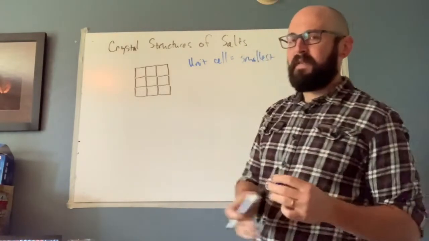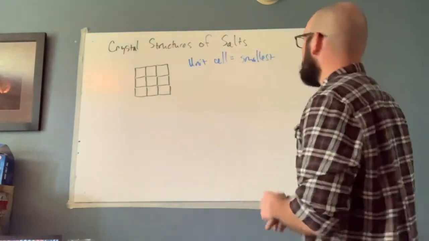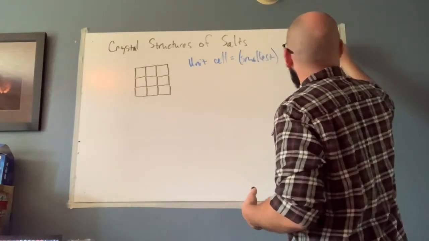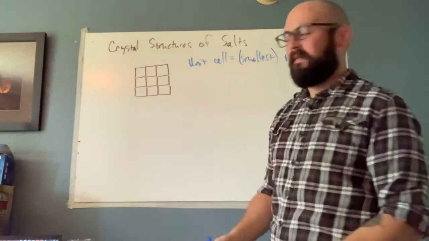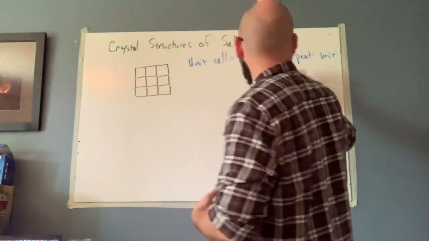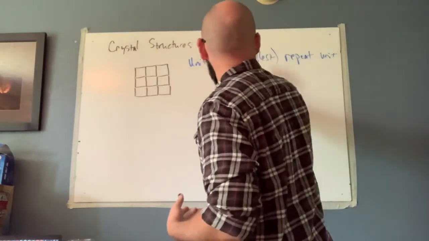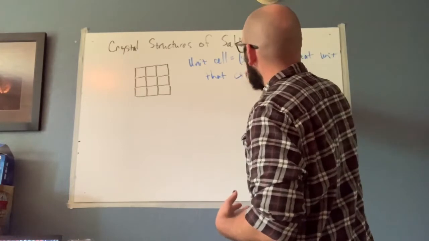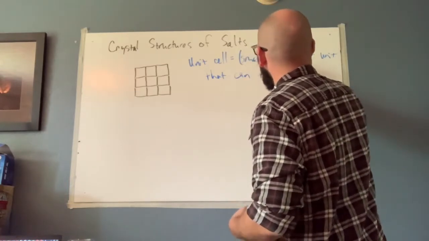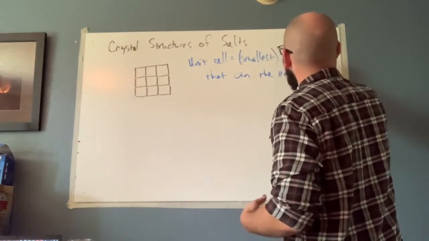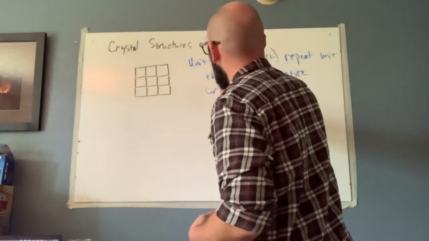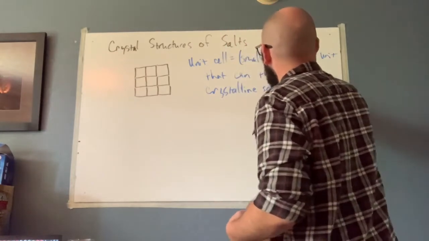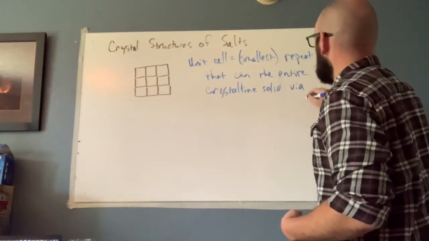It doesn't always have to be the smallest. It's typically the smallest, but it's a repeat unit, or a unit that repeats itself exclusively by translation, that can span all space, or the entire crystalline solid, via translation.